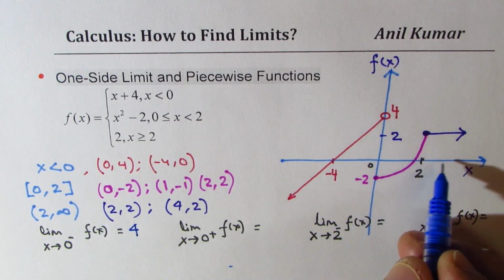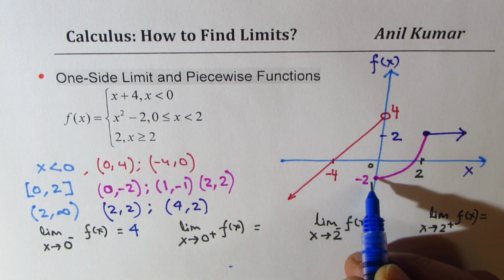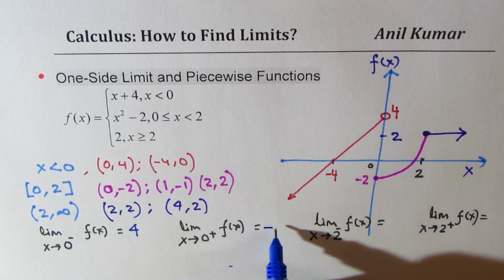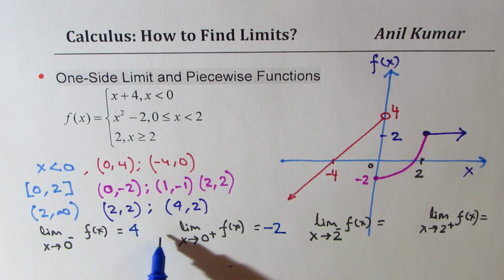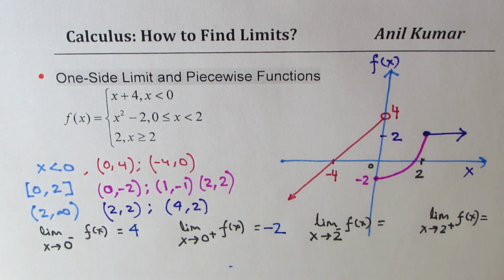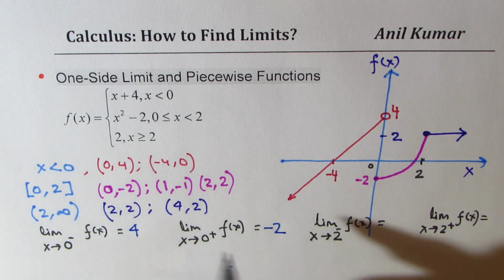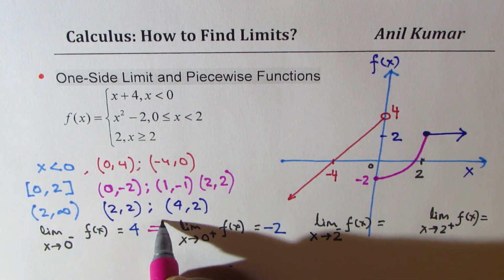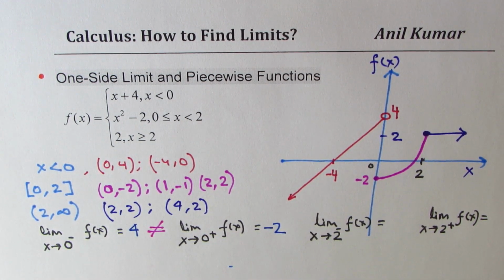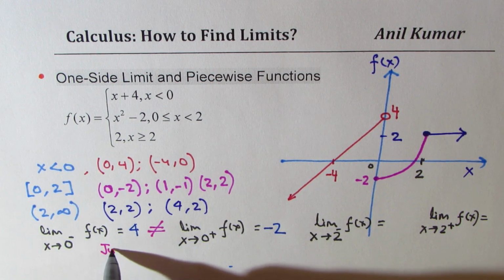And when you approach from the right side, you hit this parabola and reach minus 2. Now definitely these two are not equal, right? So let me show that here. These two limits are not equal, and that means what? That means jump discontinuity.